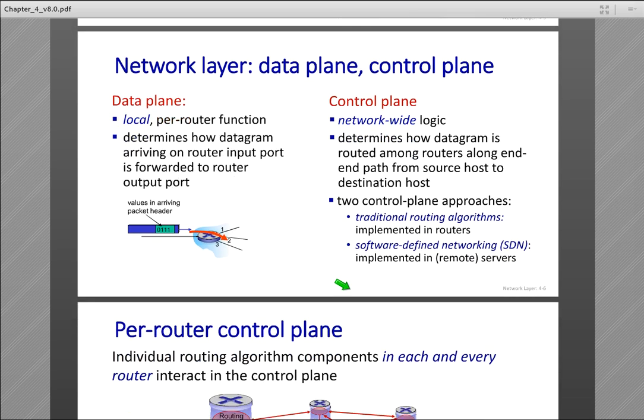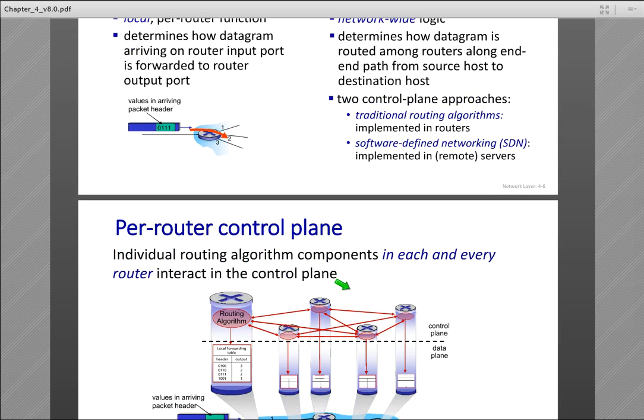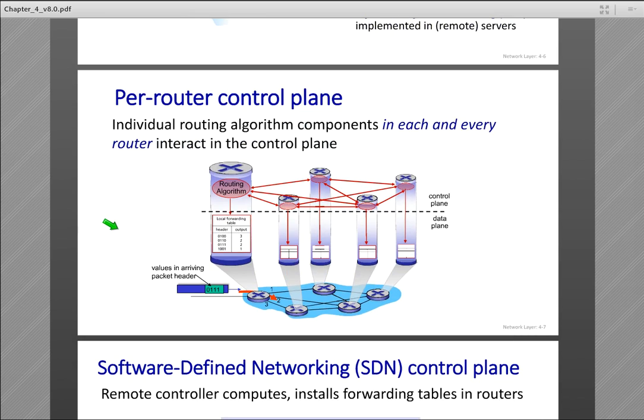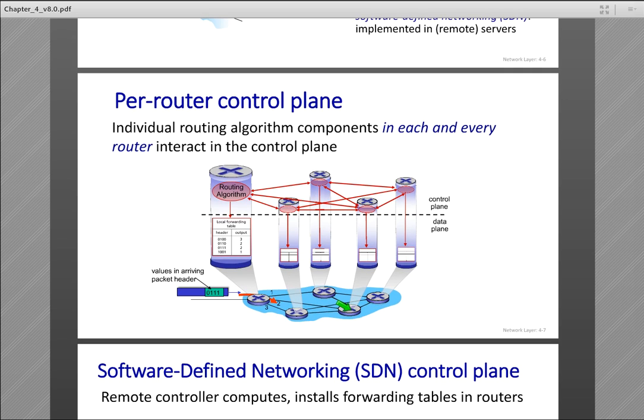We will talk about SDN in the future. But now we can say that in traditional algorithms, each router will run a routing algorithm. We have several routers in the network, and each of them is running a routing algorithm per router.